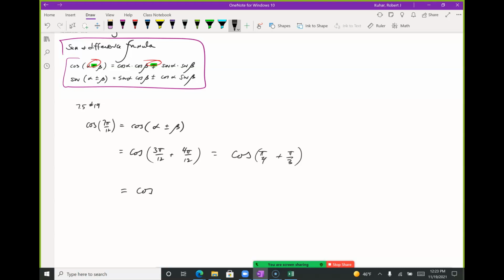So my alpha is pi over 4, my beta is pi over 3. So cos of alpha, cos of pi over 4, times cos of beta, pi over 3, minus sine of pi over 4, sine of pi over 3. Is everybody with me? I know it's a little weird. It's not difficult. It's just new.